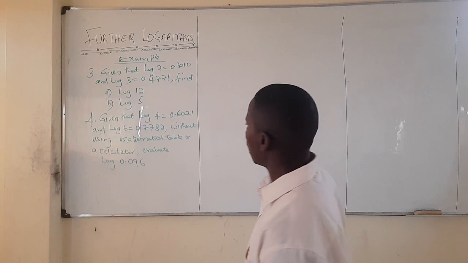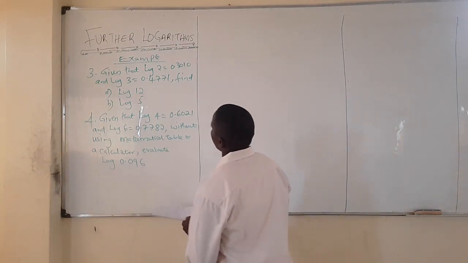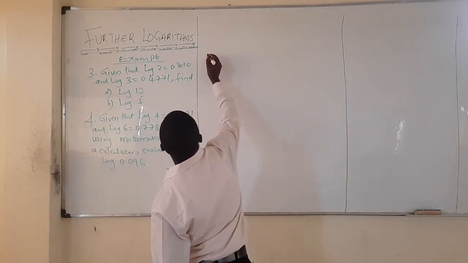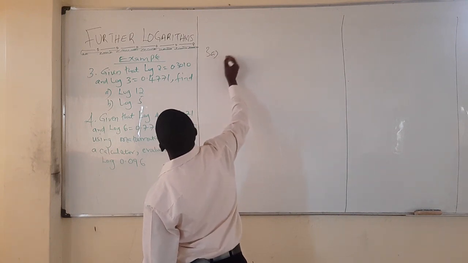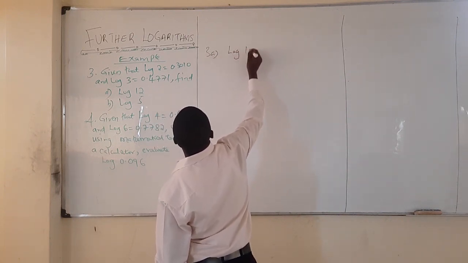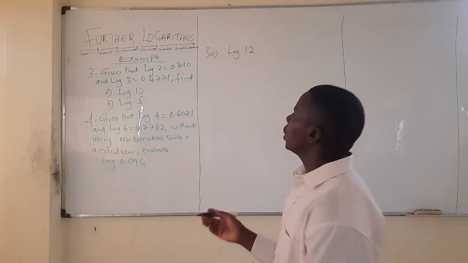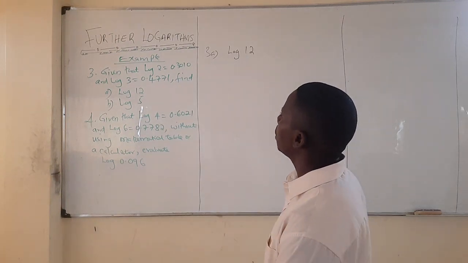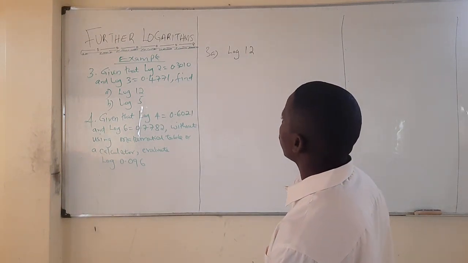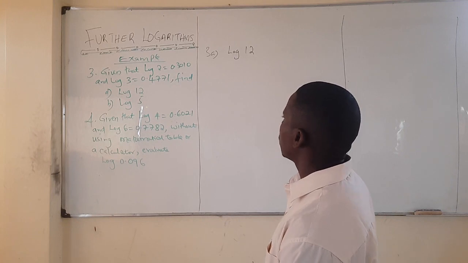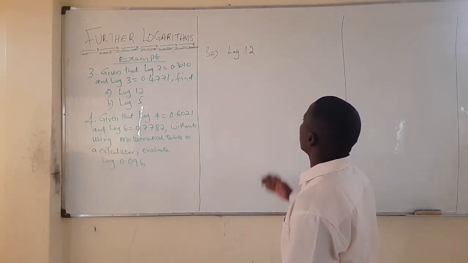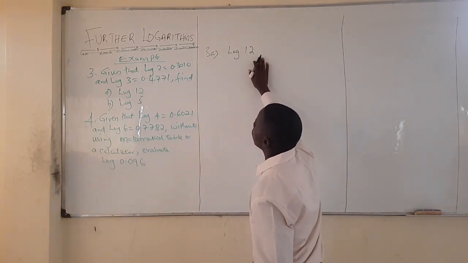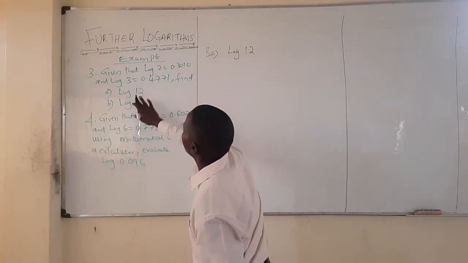So let's see how to answer this. For A, we need to get the log of 12, and we need to use what we have been provided with there, the log of 2 and the log of 3. So in this case, we're going to write log 12 in terms of 2 and 3.